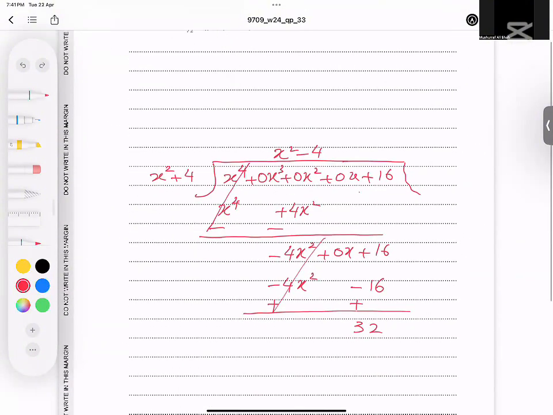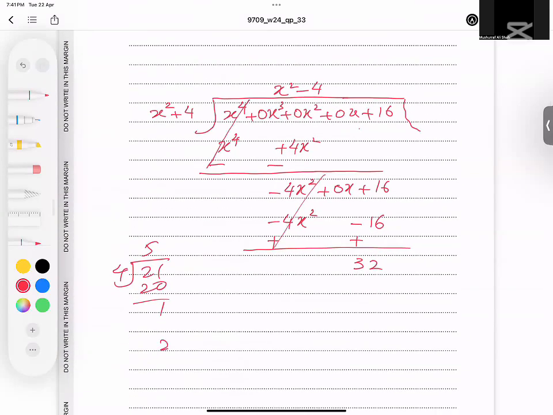If I have, let's say, 17, 4 fours are 16, or let me make it another number, 21. So 4 fives are 20, 1 left. So this 21 is actually equal to the product of the quotient and the divisor plus 1.